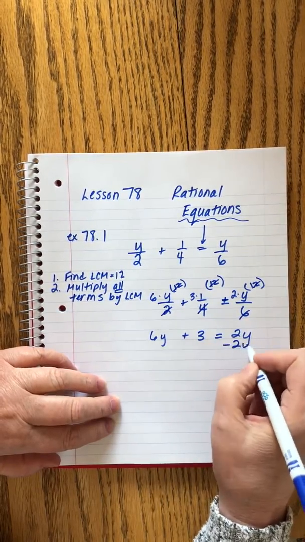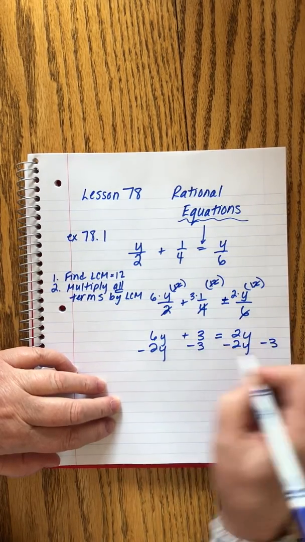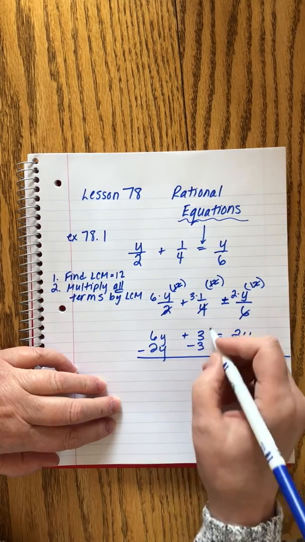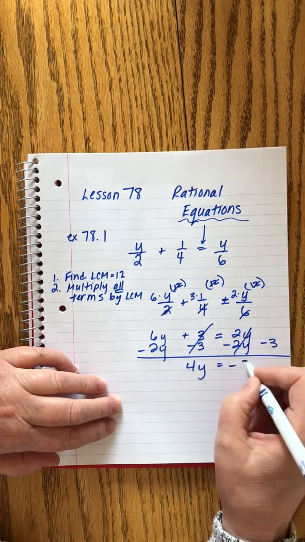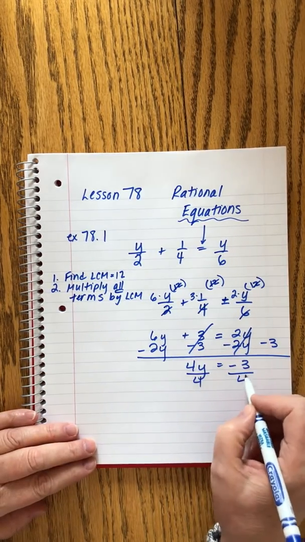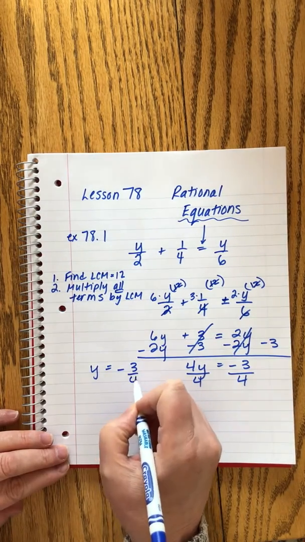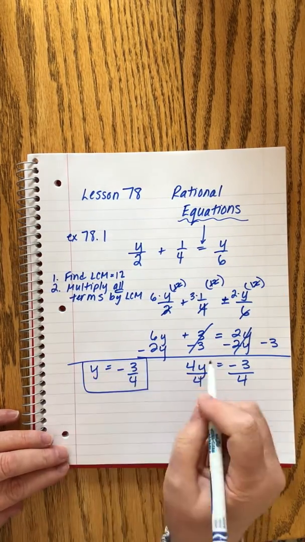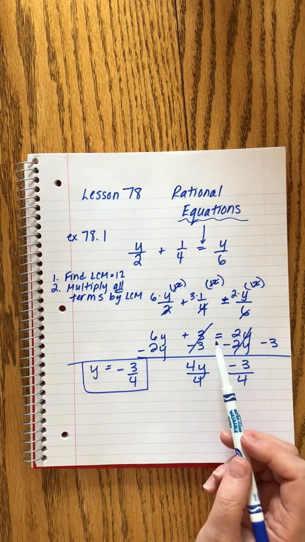Let's subtract the 2y from both sides, and let's subtract the 3. And we get 4y equals minus 3, and then we divide by 4. So we did end up getting a fraction as our final number, but we were able to completely eliminate fractions from our calculation, which makes the math a lot easier.